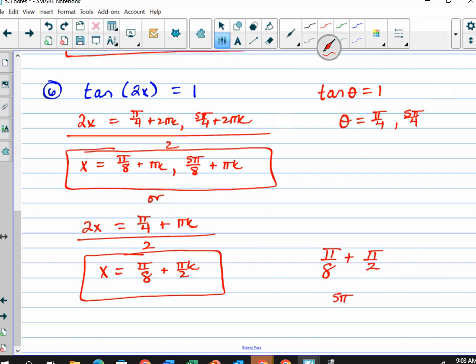It's 5 pi over 8, so you don't need it. Just know that if you're doing the pi, plus pi k, you don't have to use both of them. Do you see what I mean? How it's the same? Okay. Questions, guys?